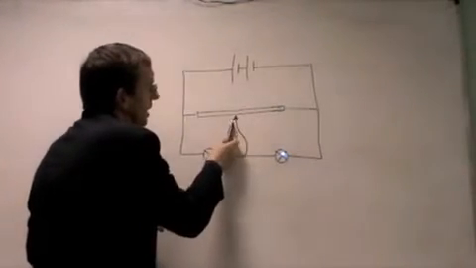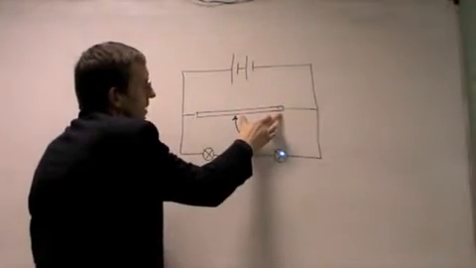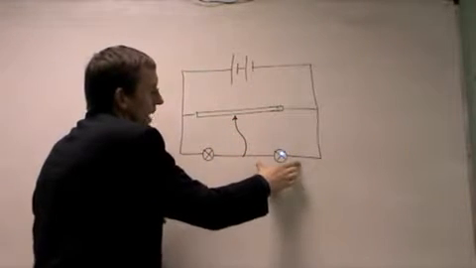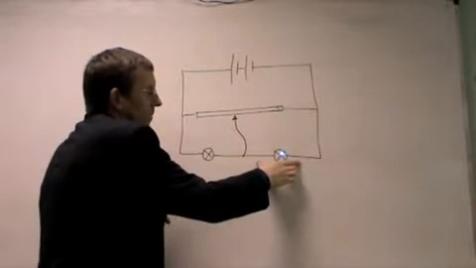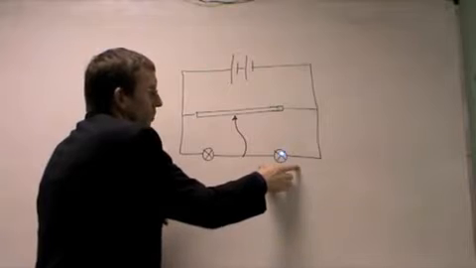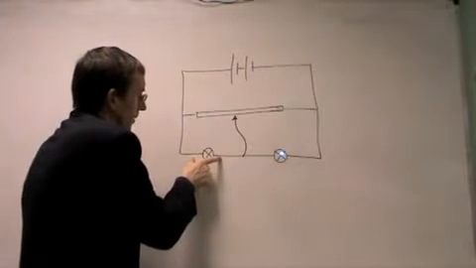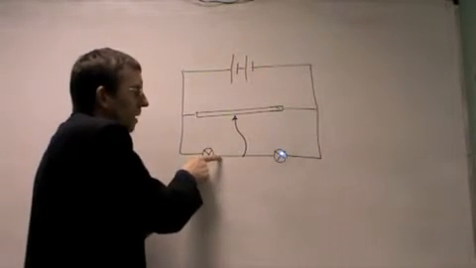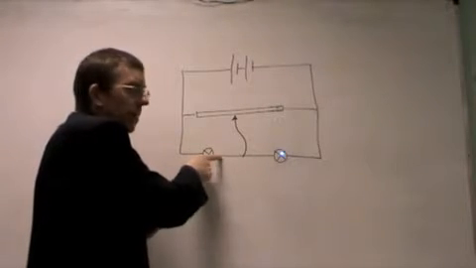So as I move this way, so this gets bigger, so the potential difference across this one gets bigger and that gets brighter, and the potential difference across this one gets smaller and that one gets dimmer.